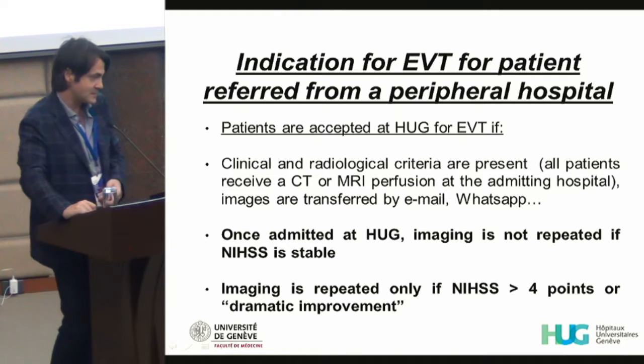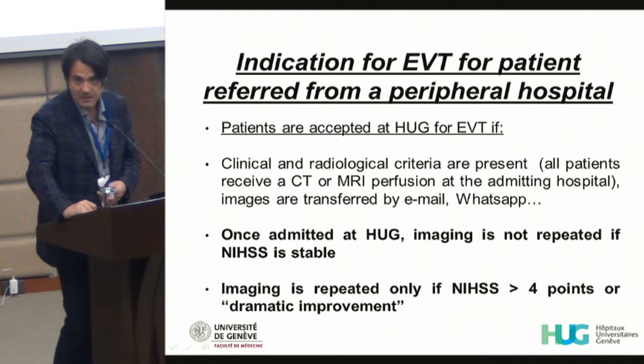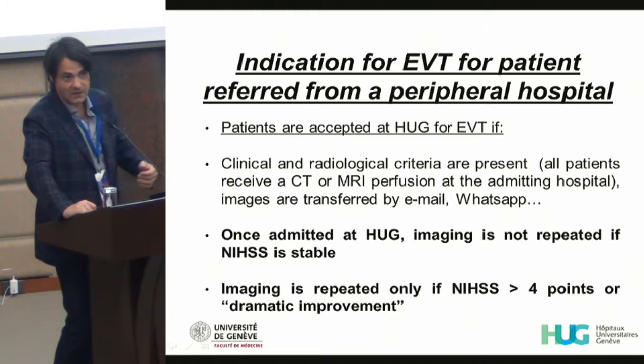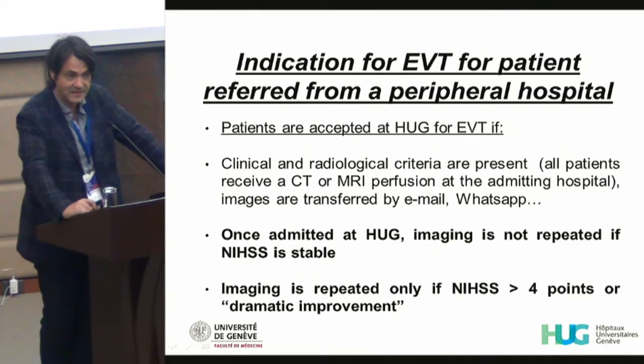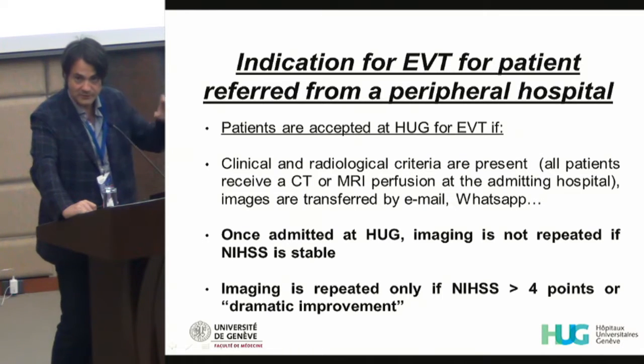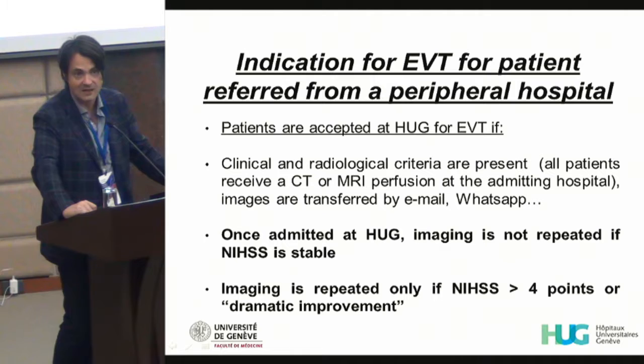Then when the patient is at the entrance of the hospital, the resident neurologist assesses again the clinical status of the patient using the NIH score. If the NIH score is exactly the same, we assume that the penumbra is the same as we had seen in the previous imaging performed in the peripheral hospital.